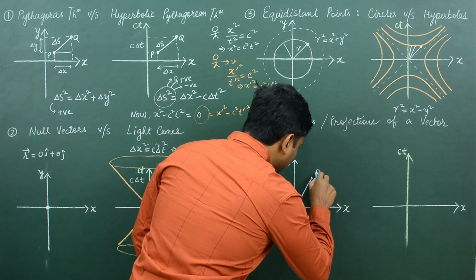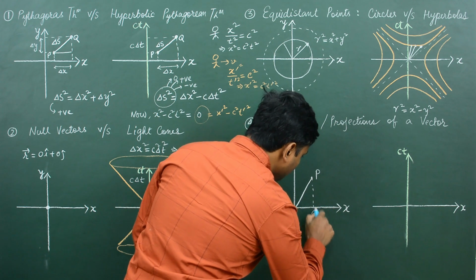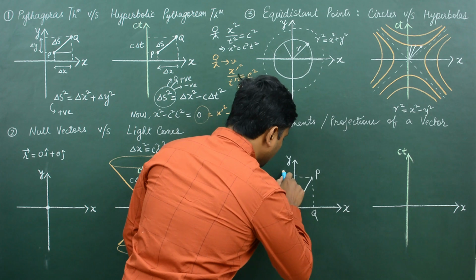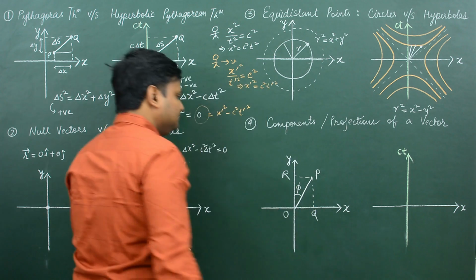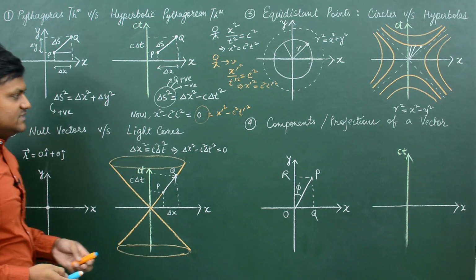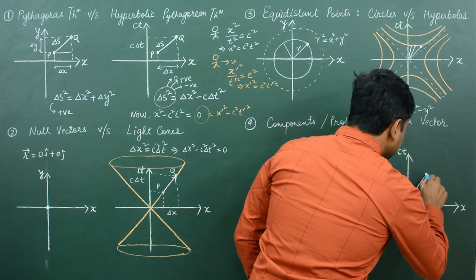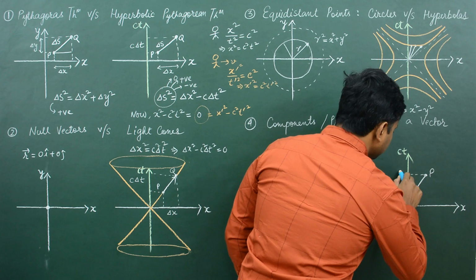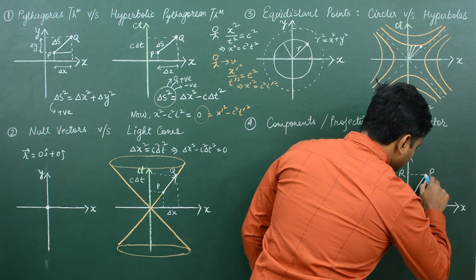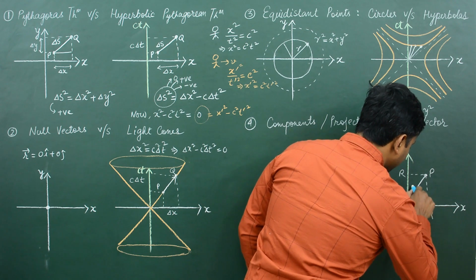The projections can be said to be from O to Q and O to R. Let me take this particular angle as the angle phi. Let's take the same example. In space-time, we have this line OP that has a projection onto the CT axis at point R and a projection onto the X axis at point Q, and this is the angle phi.